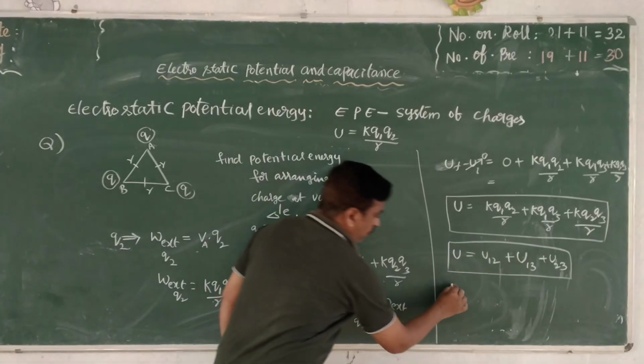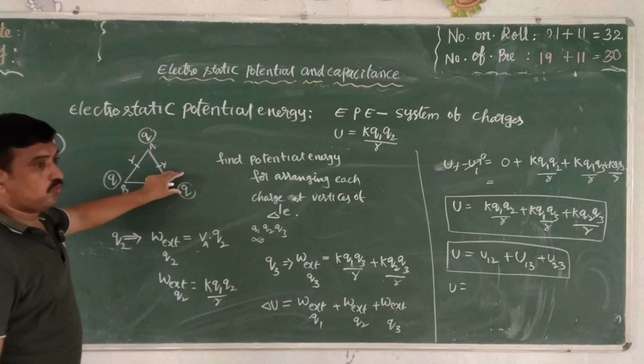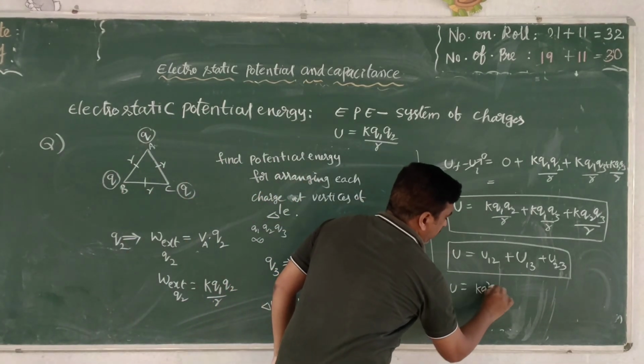We can write it directly now. U12, what is the potential energy between these two? K Q square by R, where R is the distance.